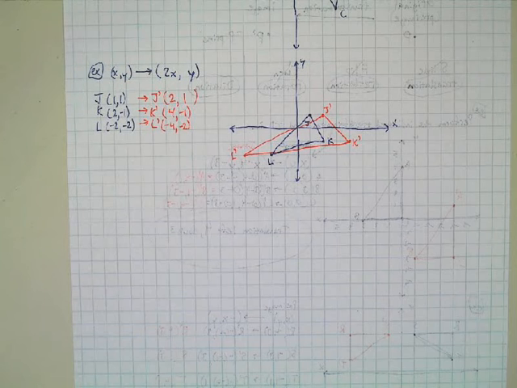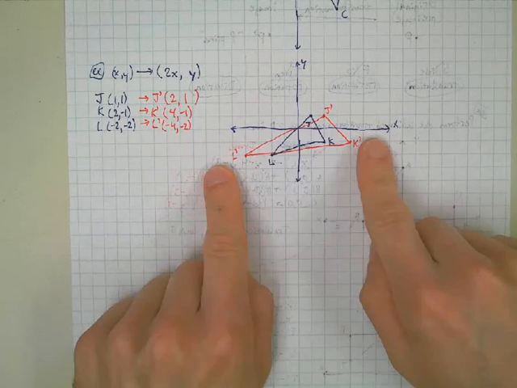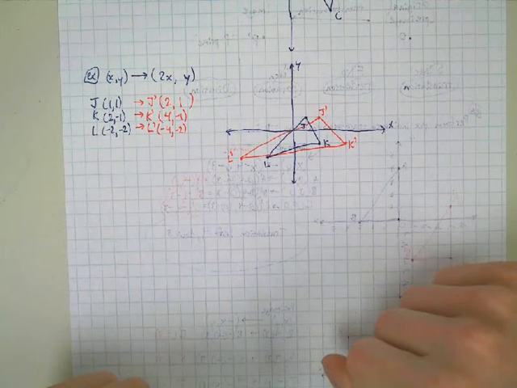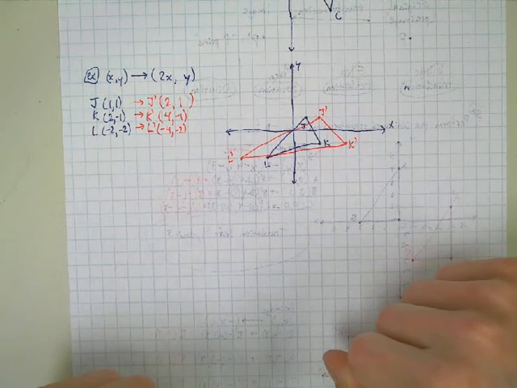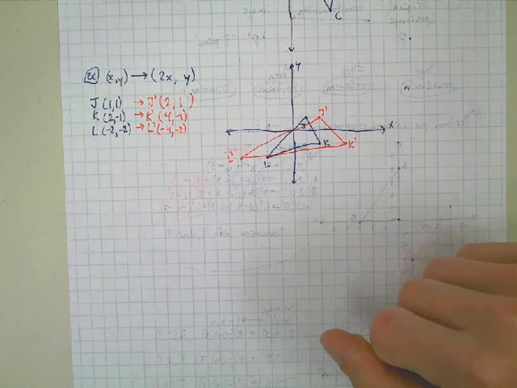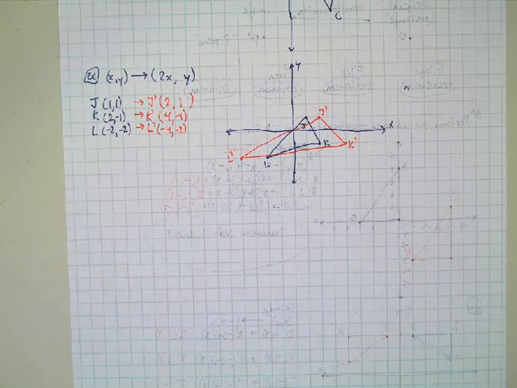No, only the x. Look, from J to J prime, it does not go up at all. It stays the same height. K to K prime also stays the same height. L to L prime too. So we can imagine taking our triangle and stretching it out horizontally. It's multiplying the triangle's width by 2.